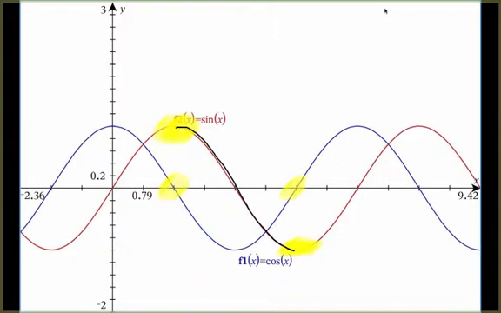And if we look at the cosine graph between these 2 points, it is negative. It is below the x-axis. So if we look at these points and what happens on the cosine graph, the derivative of the sine graph is cosine. It goes through the x-axis everywhere that sine is 0, the slope of sine is 0.